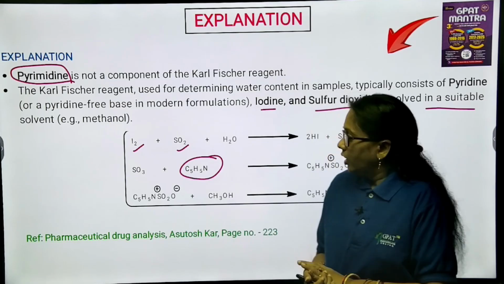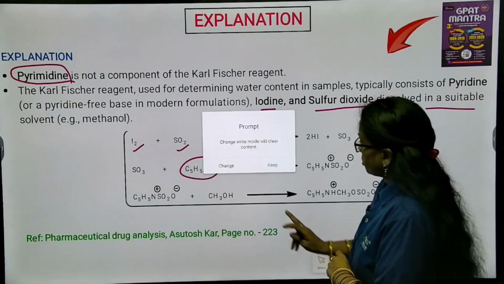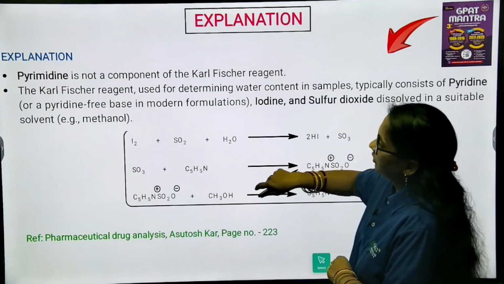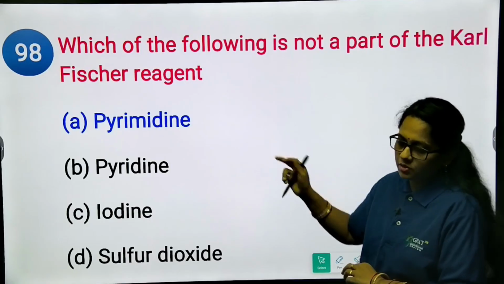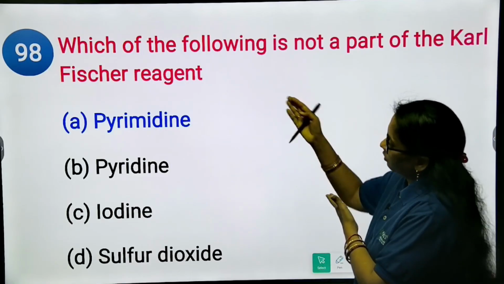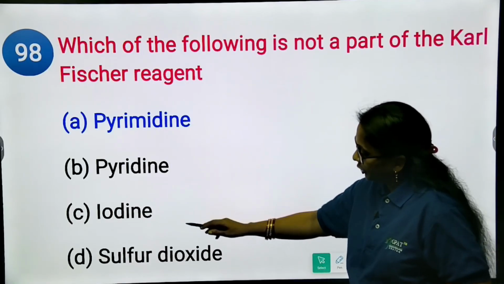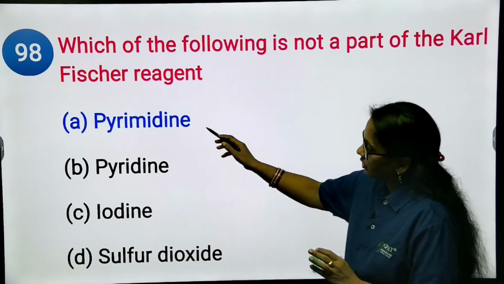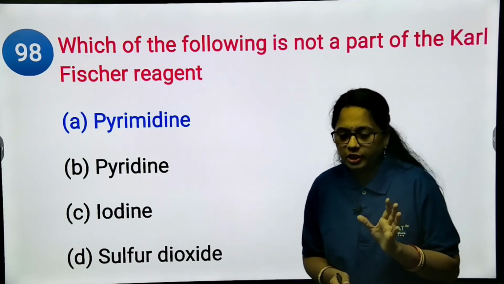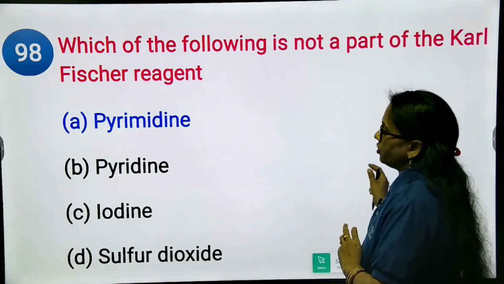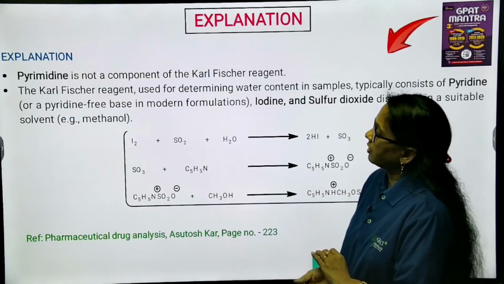And if you see the question, pyridine, iodine and sulfur dioxide, these three are present, only pyrimidine is not related to the KF reagent. So option A is the suitable answer.